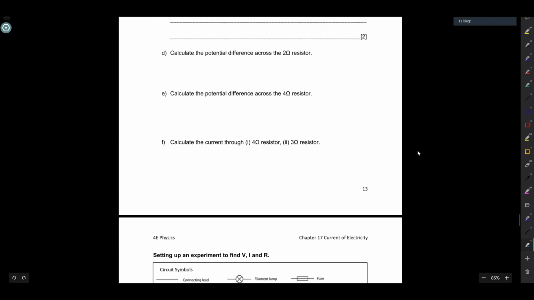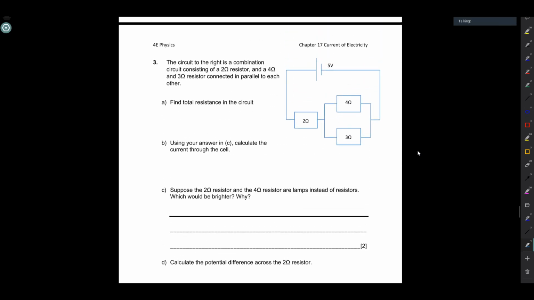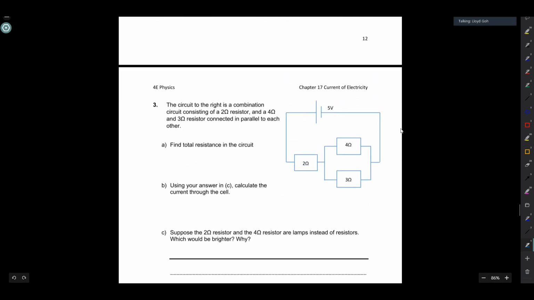Then I want you all to make an adjustment. For the question on page 13, for part A and part B, I want you all to ignore the 2 ohm, so treat it as though it's not there.